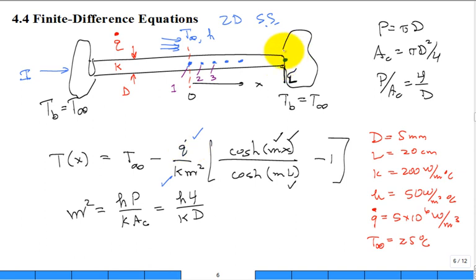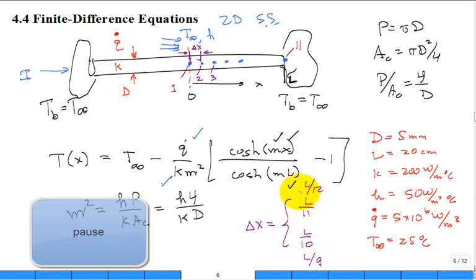If I said we're going to have 11 nodes, then what is the spacing? This spacing is called dx, delta x. dx is either going to be L divided by 11, or L divided by 10, or L divided by 9, or L divided by 12.